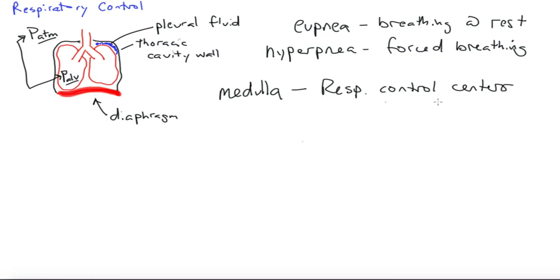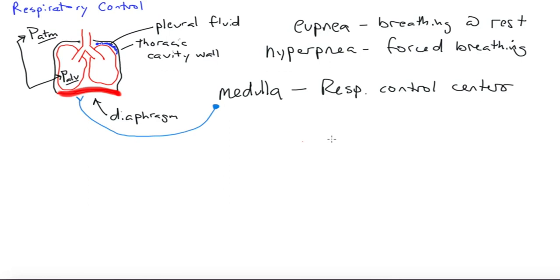So let's draw a neuron here, coming from the medulla, just schematically, and innervating the diaphragm. Again, it might not be a single neuron here, I'm exaggerating, but the neurons are connected to other neurons that are innervating the respiratory muscles, right?